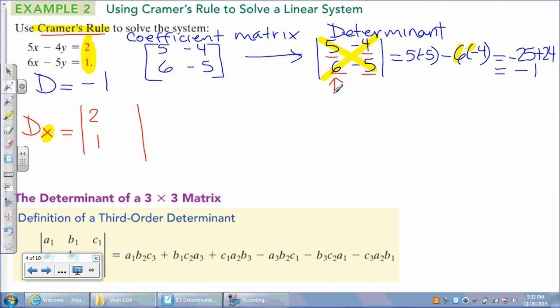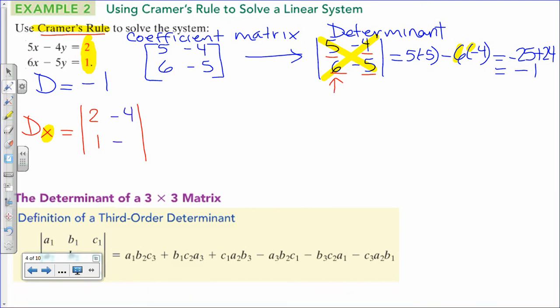The numbers for the second column remain the same. Then we find the determinant: 2 times -5, that is -10, minus the product of 1 times -4, which is -4. This is equal to -10 plus 4, which is equal to -6.